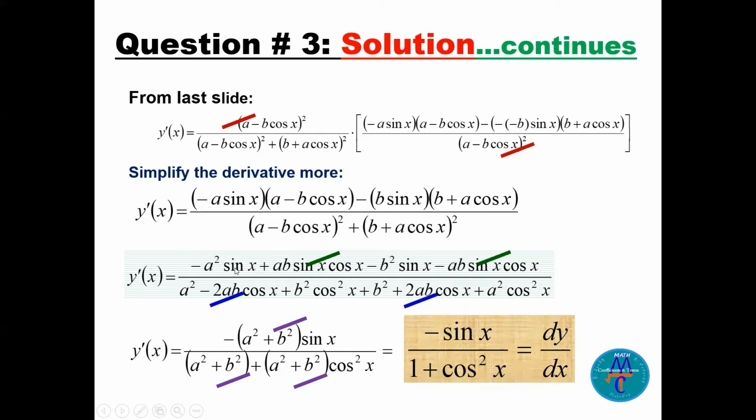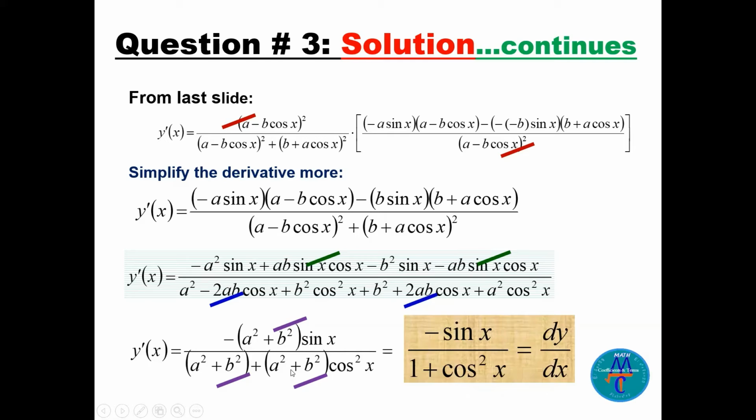In the numerator, we can take a common factor, minus here, and also sine of x. So inside the bracket, we will have a squared plus b squared. Now in the denominator, we have a squared plus b squared by itself, so we can leave it. And then we take cosine squared as a common factor. We have a squared plus b squared times cosine squared of x. So we can divide up and down by a squared plus b squared, the 3 terms together.